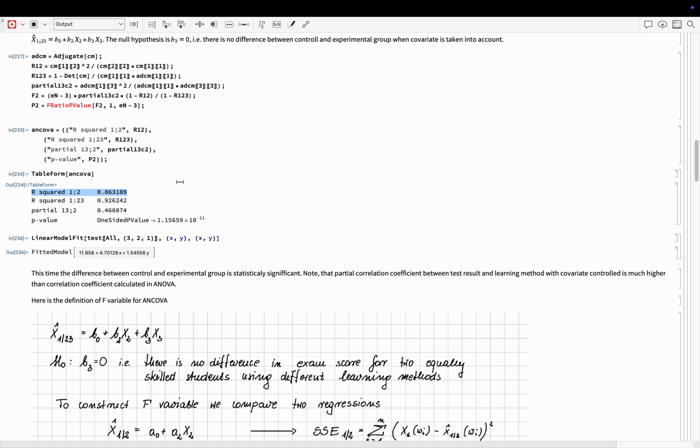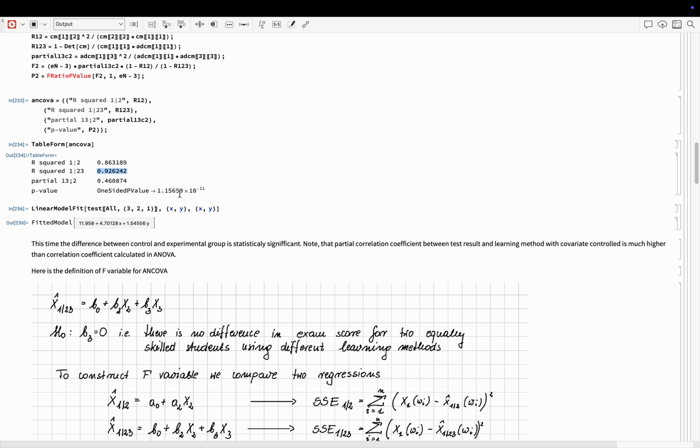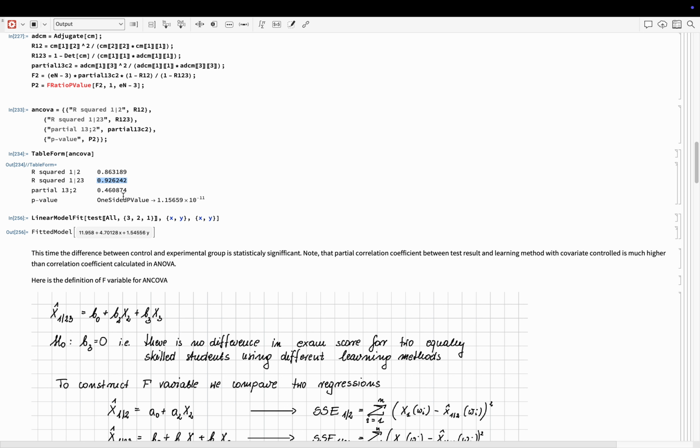Those experimental points really lie almost on a line. When we add information about the method of studying, R squared increases. We expected that it increased, but it seems that it increases substantially enough.